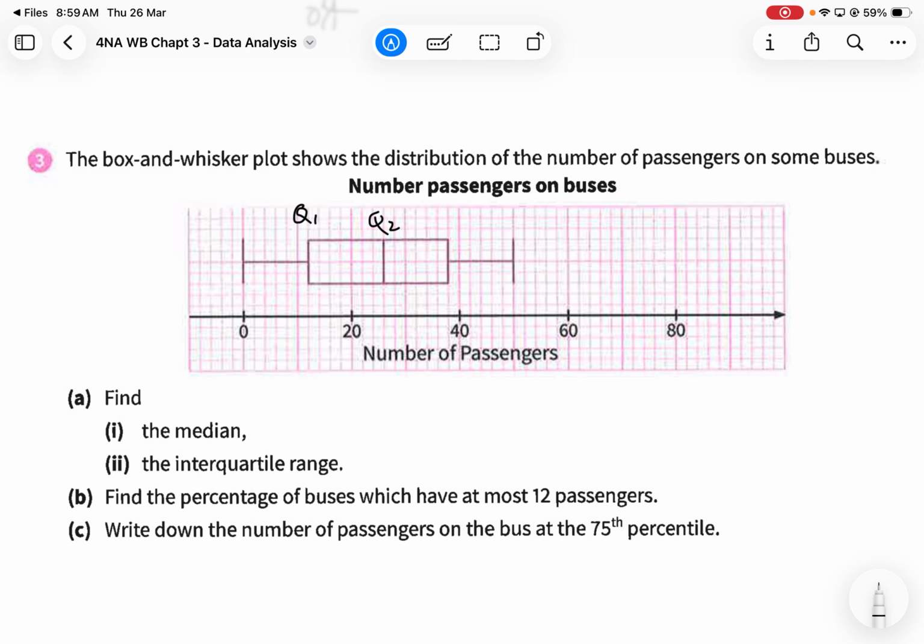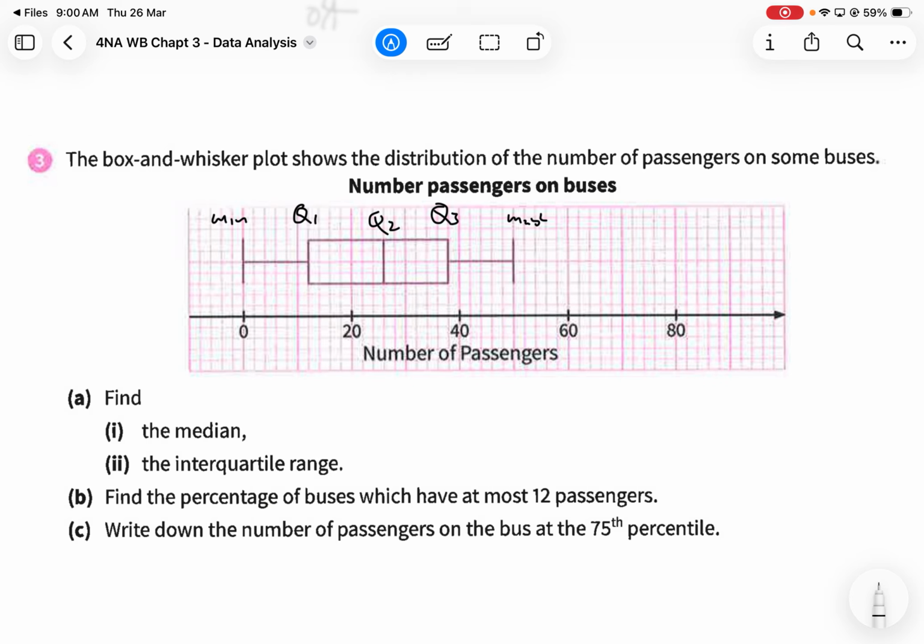Interquartile range, so you need your Q1, you need your Q3, minimum, maximum. They want you to find the median. Median is the line in the middle of the box.